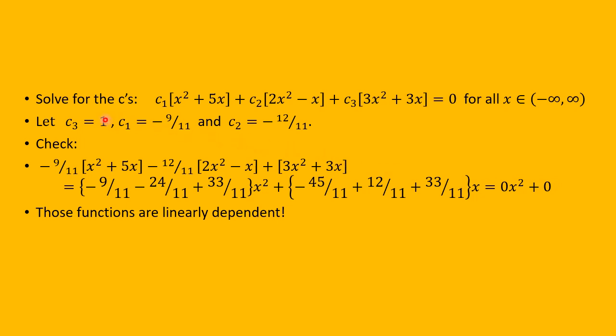So these three numbers can be used to come up with a non-trivial solution to C1y1 plus C2y2 plus C3y3 is the 0 function. And since we do have a non-trivial linear combination of these functions equaling the 0 function, that tells us that those functions are linearly dependent.